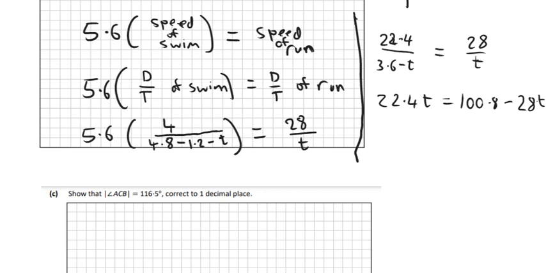So you're going to get 50.4t. You're just bringing across that 28t to the other side, equals 100.8, and you might be able to spot these actually divide into each other. So when you bring across the 50.4 and you divide it, it just goes in twice. So t equals 2. So t is 2 hours. So it takes 2 hours for the run. That's the run time.